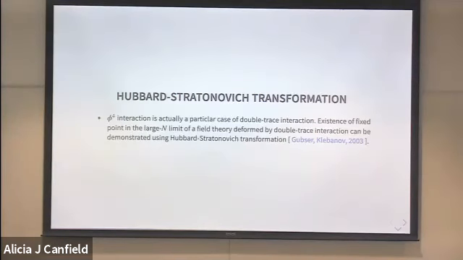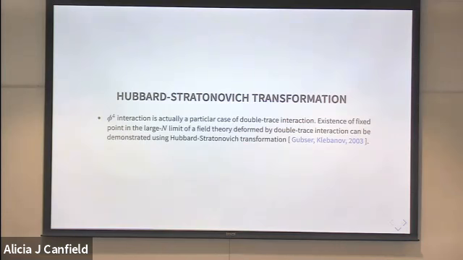Okay, so phi to the 4 interaction, or should I say phi squared interaction, is a particular case of the double trace interaction. I slightly started to discuss this before. Let's say you have a CFT with some operator O, and that CFT has ON symmetry and O is an ON singlet.